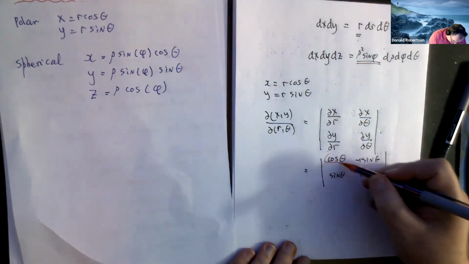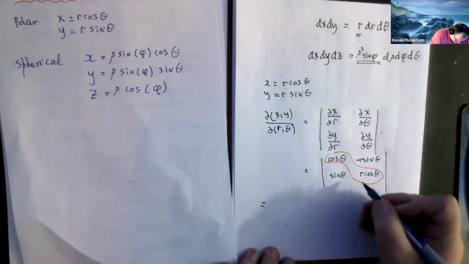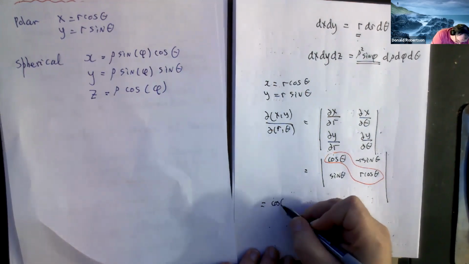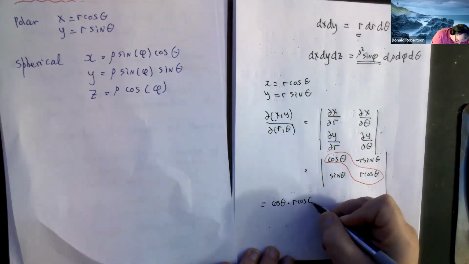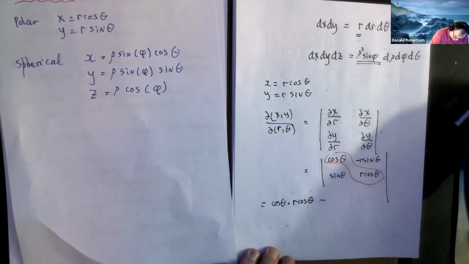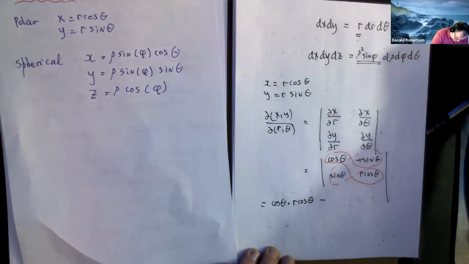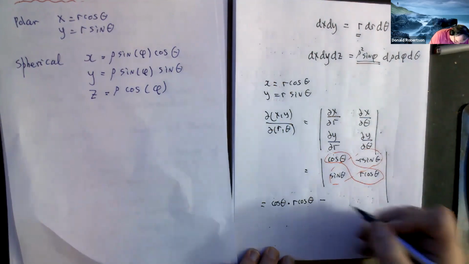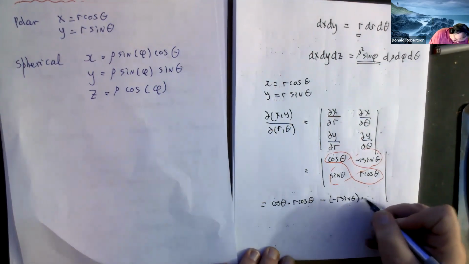Now here is our major diagonal. And so that's going to get me cosine theta times an r cosine theta. Take away, and the minor diagonal is these two guys. And that's going to be take away a negative r sine theta times the sine theta.